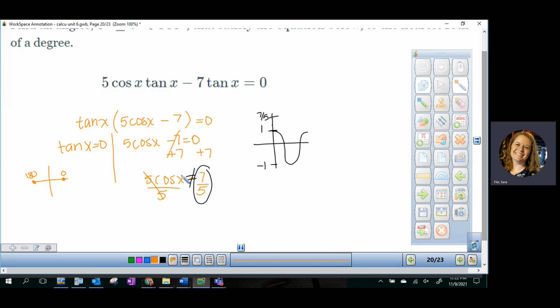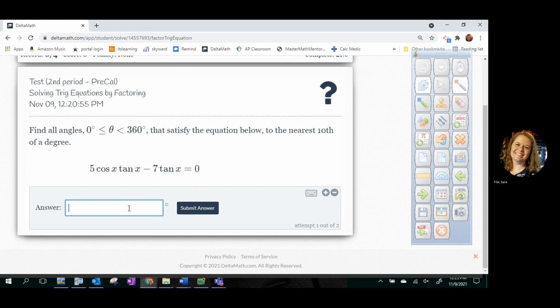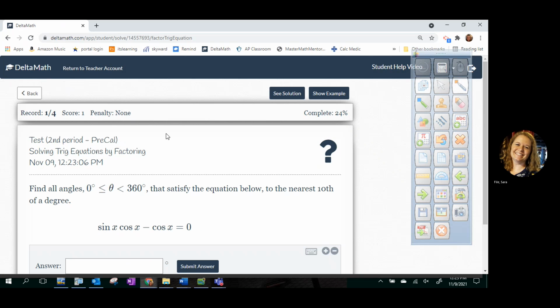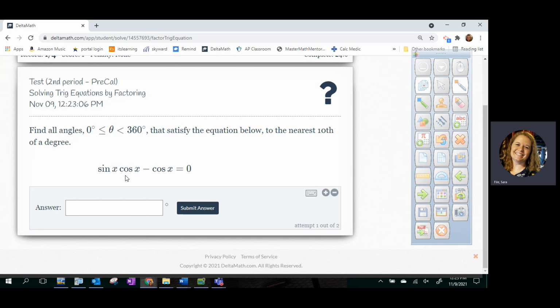So no solution from the cosine, so just 0 and 180. Okay, this one would be done similarly. It's a GCF of cosine that you would factor out. You'd be left with sine minus 1, and you would split and solve. And that one, both factors would come out with solutions.